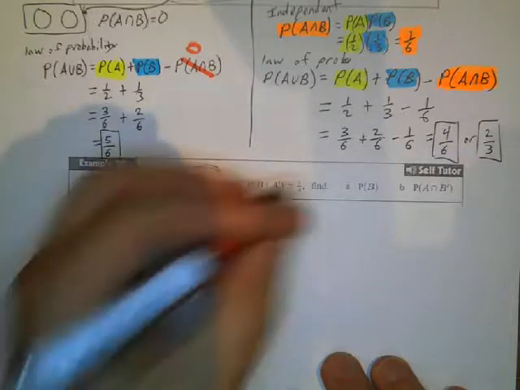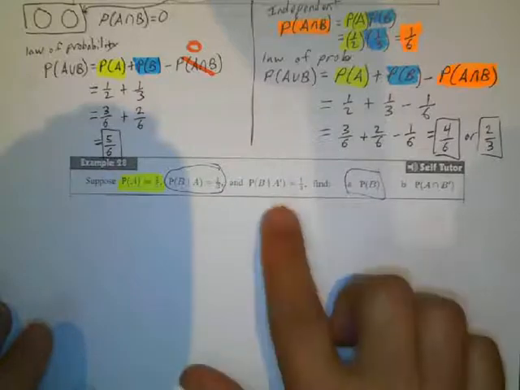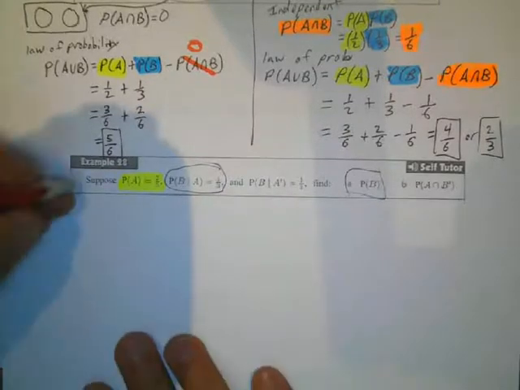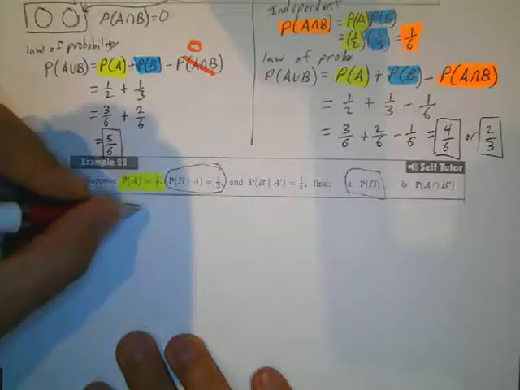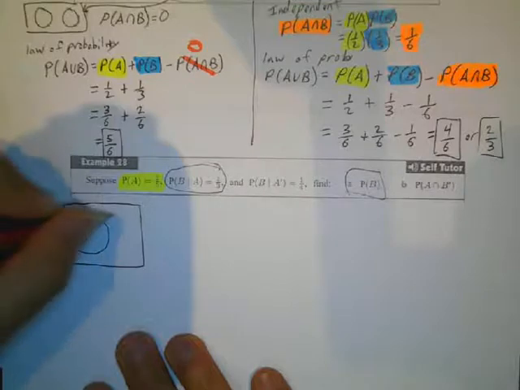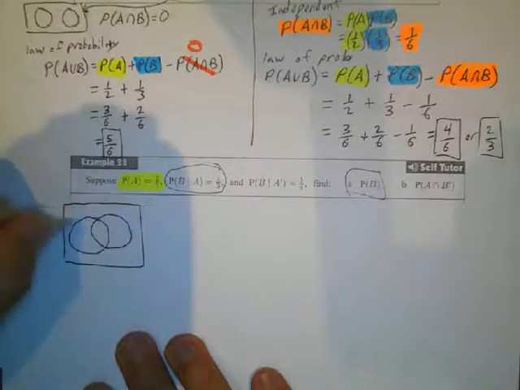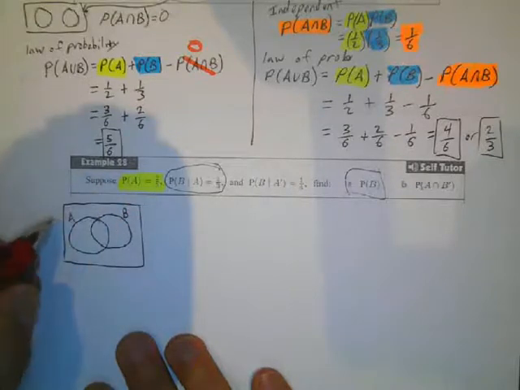And they want you to find the probability of B. Okay, we'll use this one in just a minute. So, okay, the probability of A is 2/5.